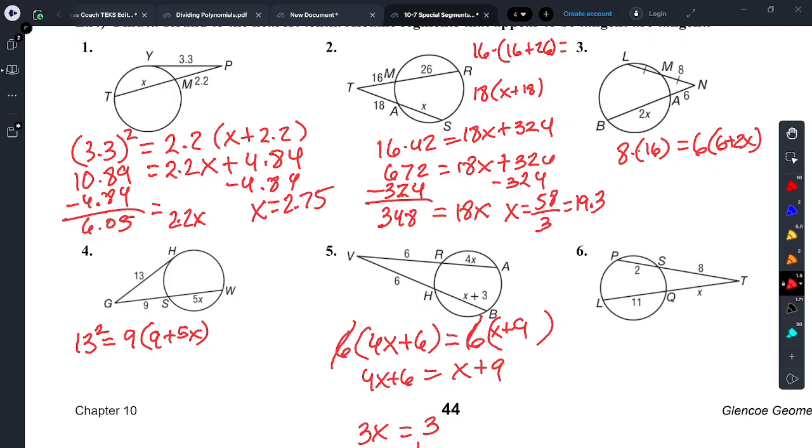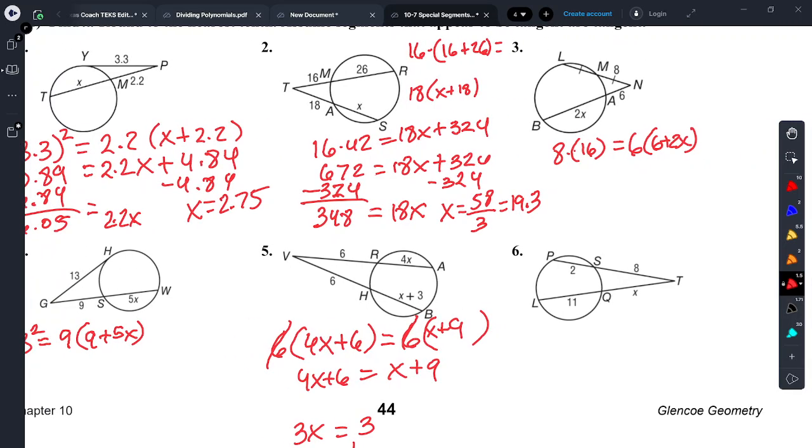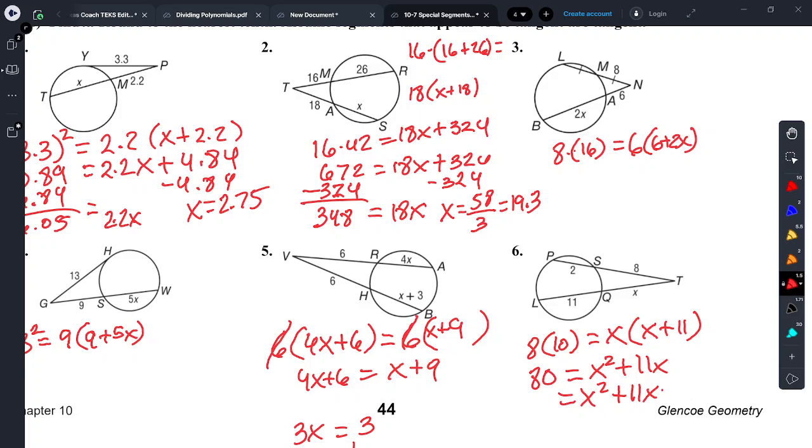And the last one will be quadratic, okay? All right, let's do this one. So this will be 8 times 10 is equal to x times x plus 11, yeah? All right, so we get 80 equals x squared plus 11x. Bring the 80 over. We get x squared plus 11x minus 80 equals 0.